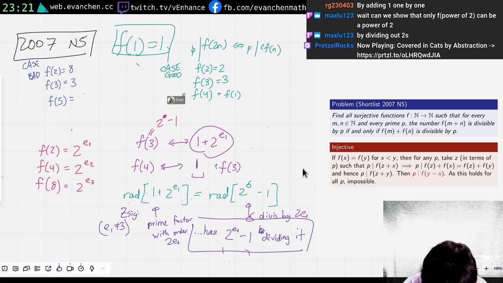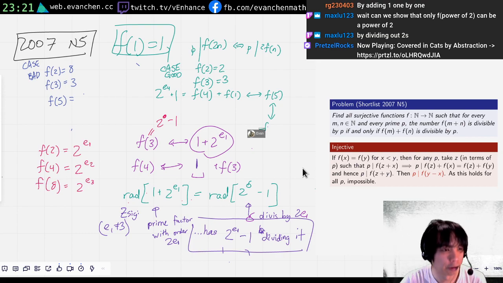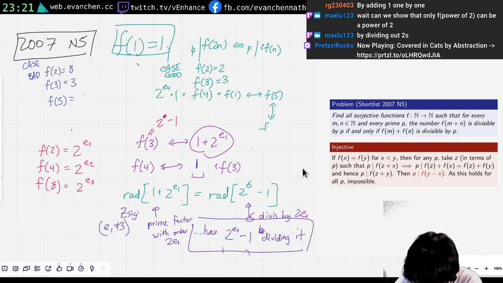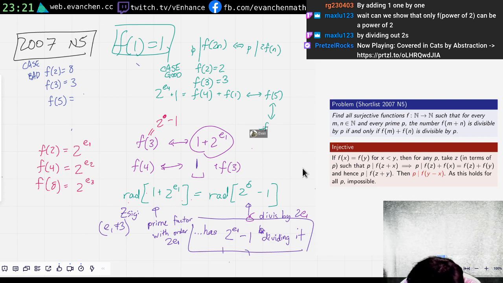So this is a power of 2, 2 to the e2 plus 1. At this point, I'm introducing a weird notation, which is these arrows, and by these arrows, I mean that things have the same prime factors. f of 5. Yeah, this is working.